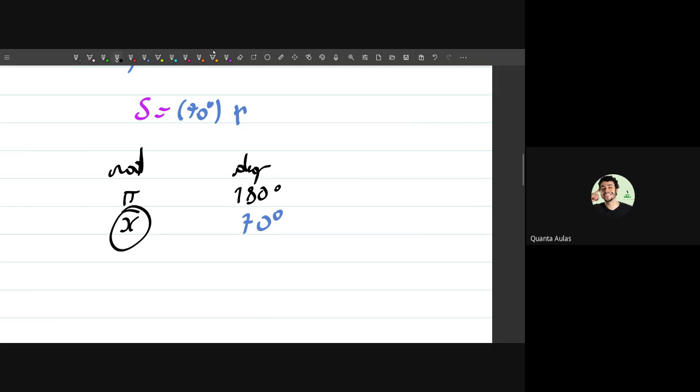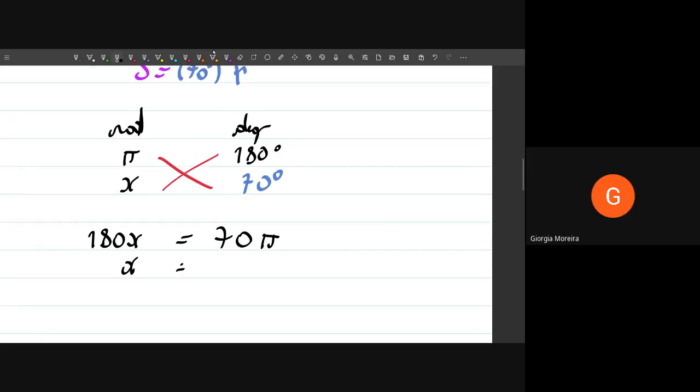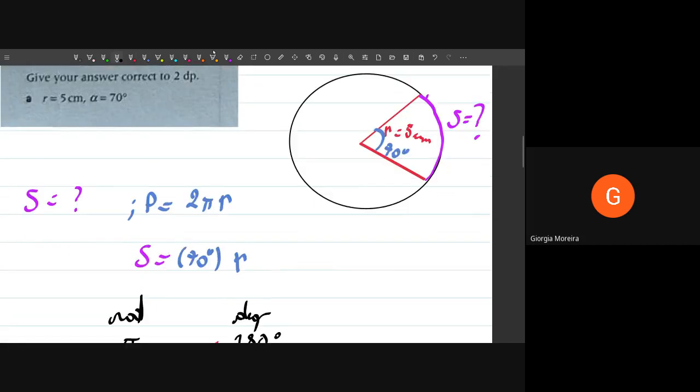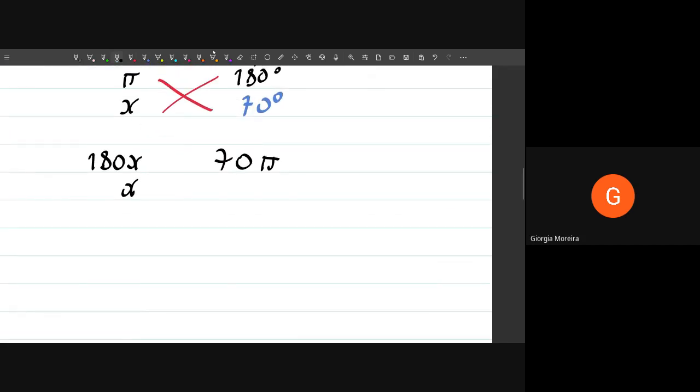So we can do the rule of three and do the math. The name in English is cross multiplication.